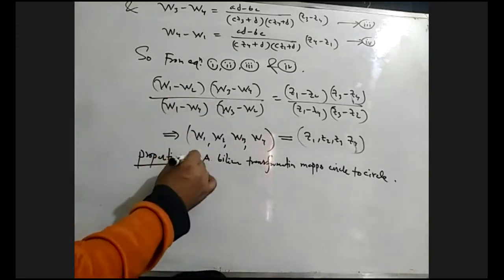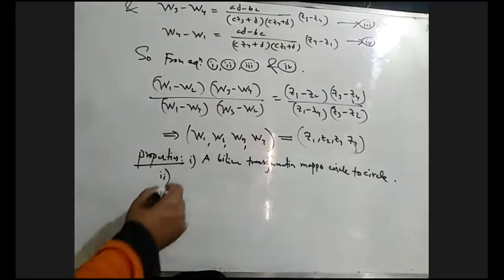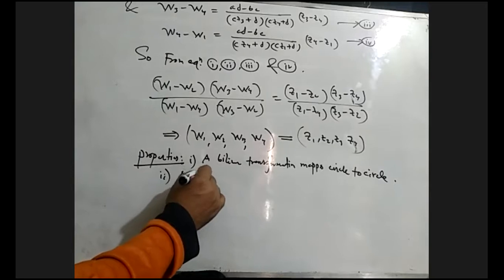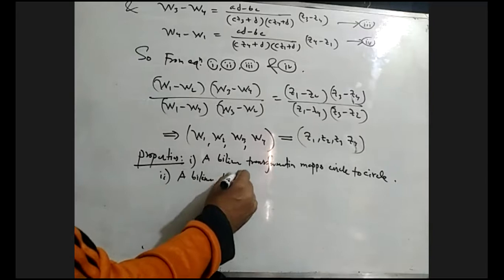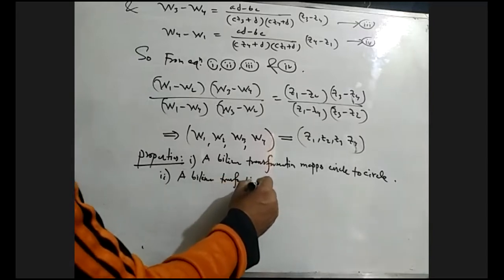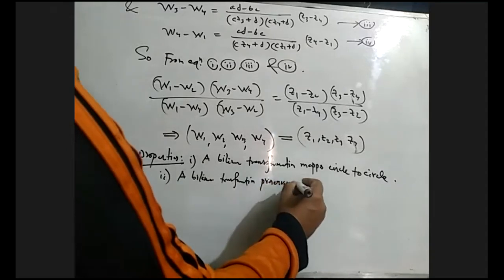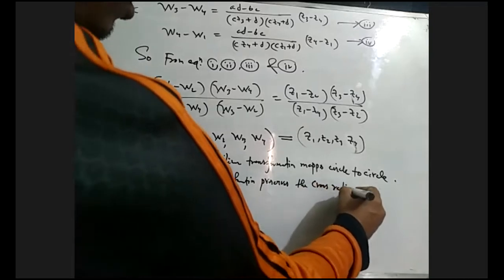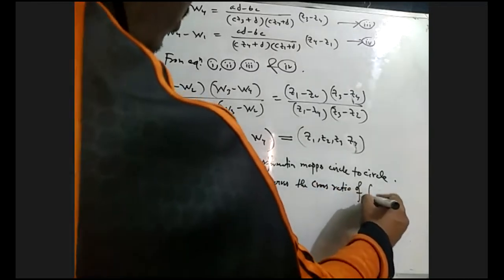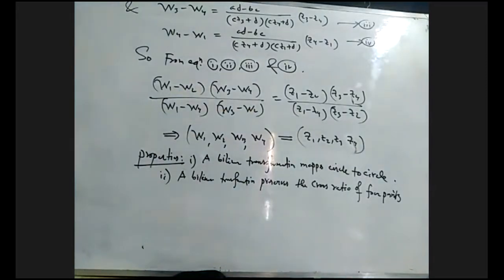A bilinear transformation preserves the cross ratio of 4 points. Okay, this is the first property, and the second property, that means this theorem: a bilinear transformation preserves the cross ratio of 4 points.